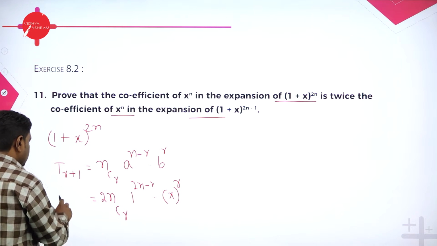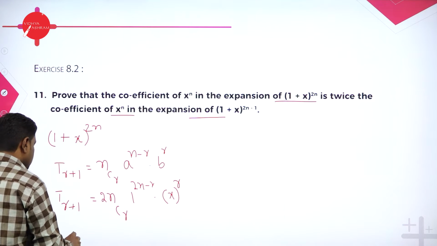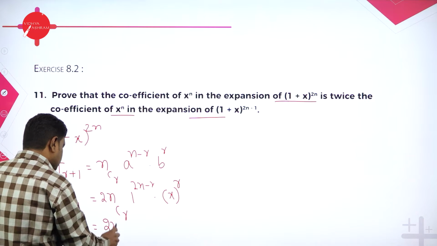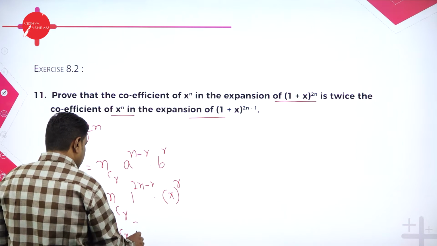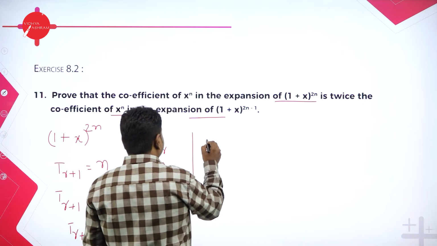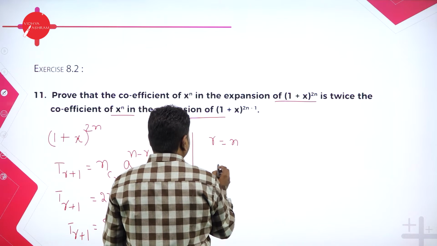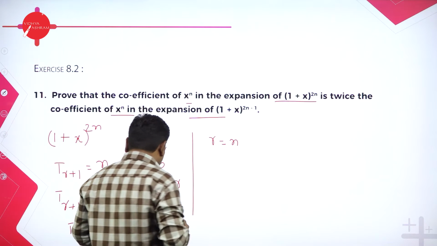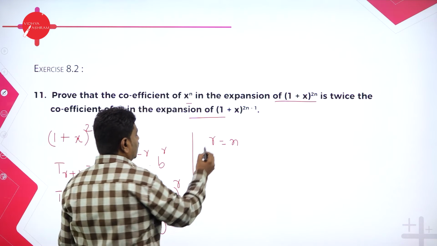Now please understand, we need coefficients. So T R plus 1 is 2n CR. 1 power anything is 1, leave x power R. Call it equation 1. So now equate R to what? R is equal to n. I want the coefficient of x power n. Here I have power R, and power R should be n.